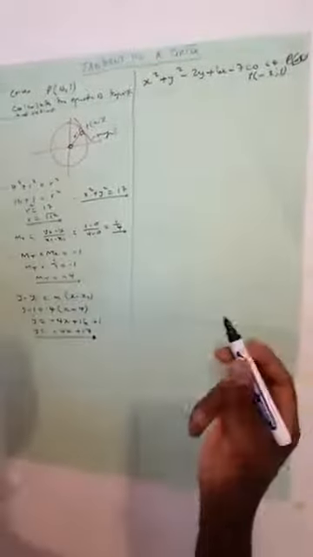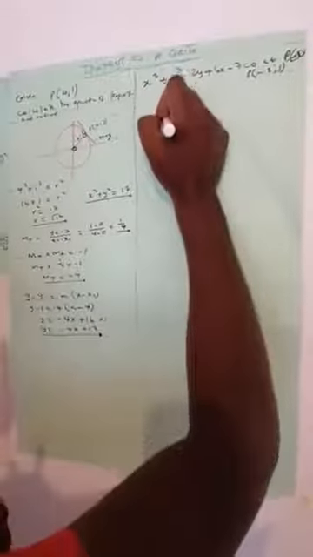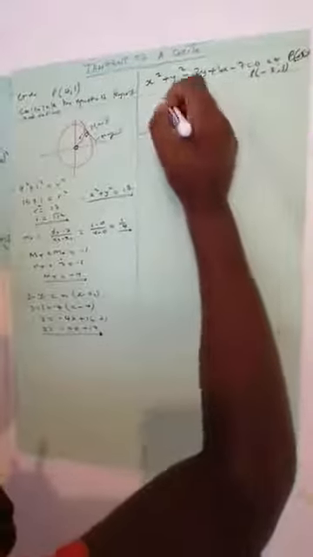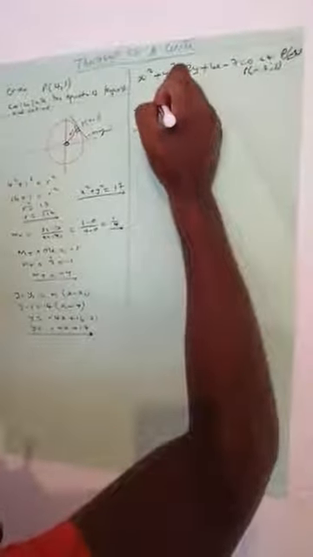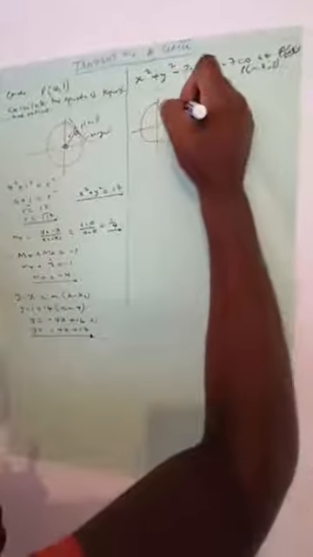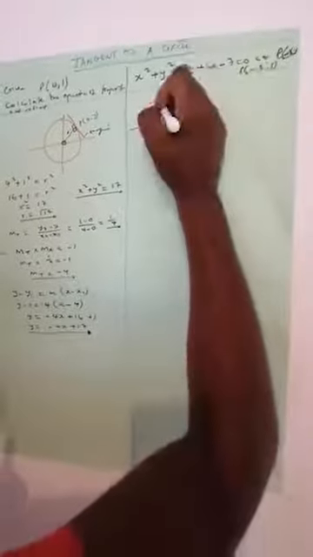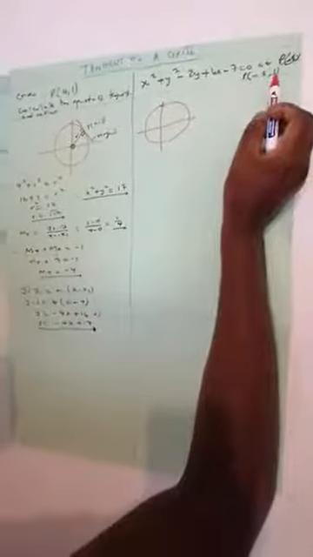First of all, we must know the gradient of the radius, and we don't know the radius here. We must first calculate the radius. How are we going to calculate the radius? From this circle we are given something like this. Maybe the center was somewhere.